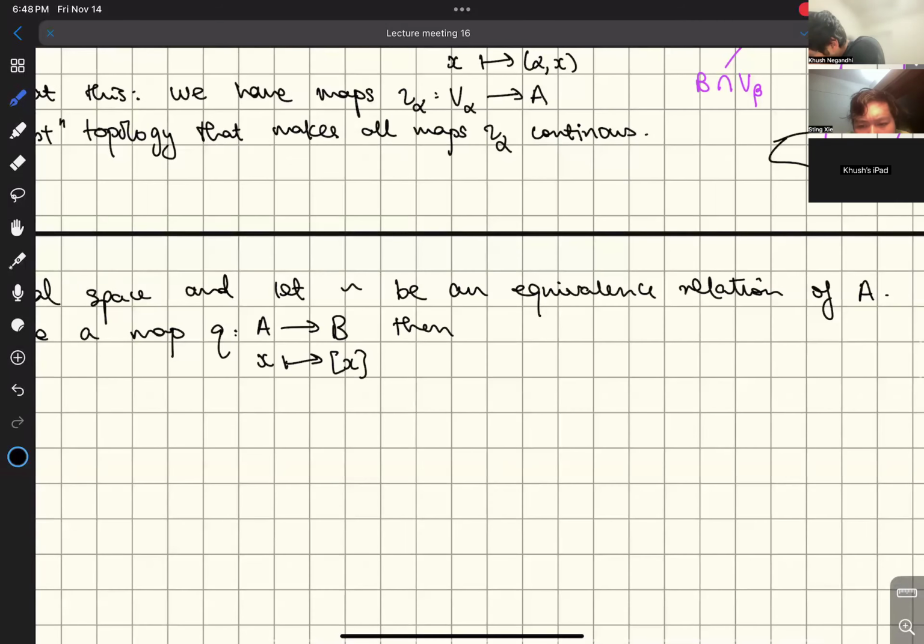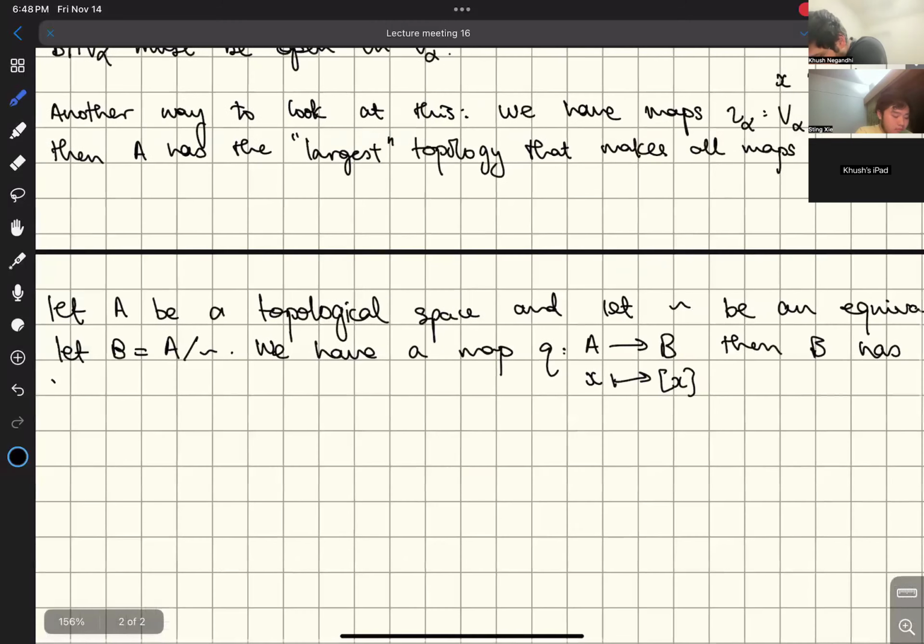Then B has the largest topology so that Q is continuous.